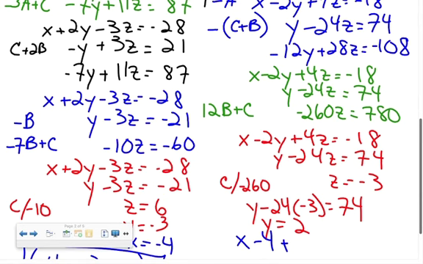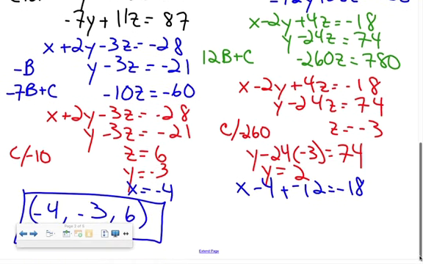I know z is negative 3, so 4 times negative 3 is negative 12, is going to equal negative 18. So negative 4 and negative 12 is negative 16. That means x must be negative 2. So my solution then is negative 2, comma, 2, comma, negative 3.